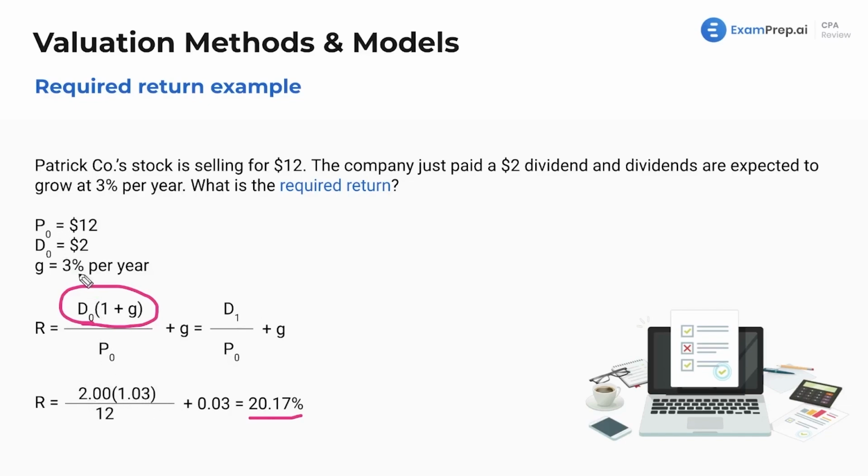We have our P0, which is the current price of $12 stated here. And then we add the growth rate again. That is going to get us to a total of 20.17%. Straight plug and chug again. What's the required return needed on this investment? Well, it's 20.17%. Perfect. Running through more and more.